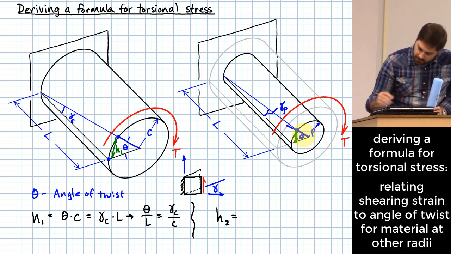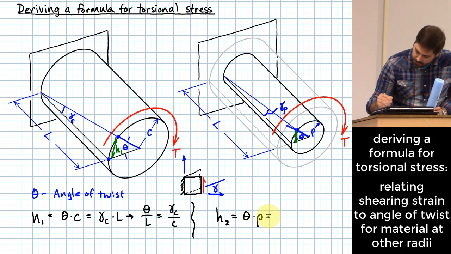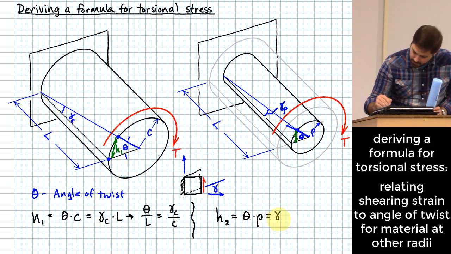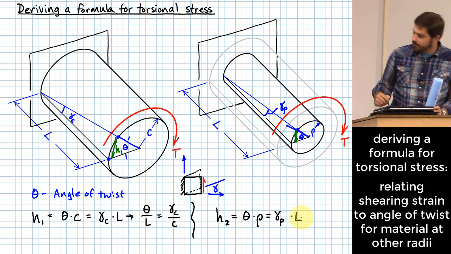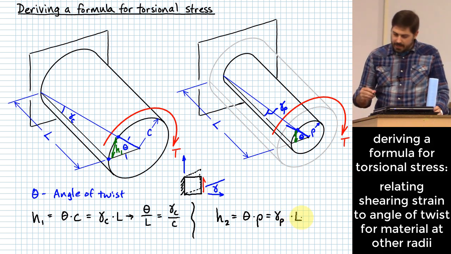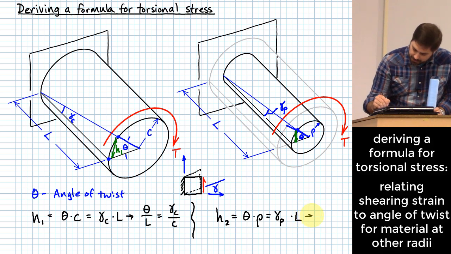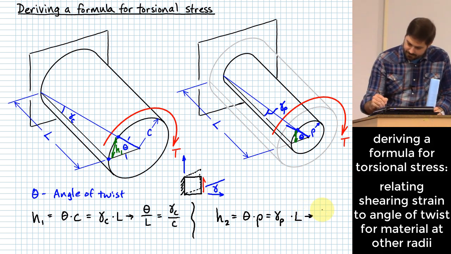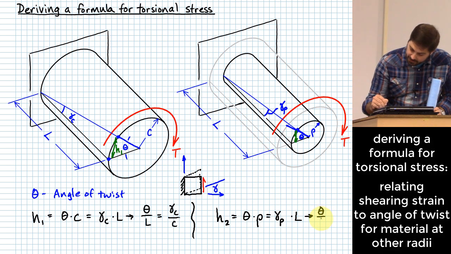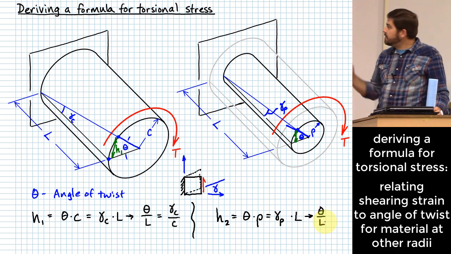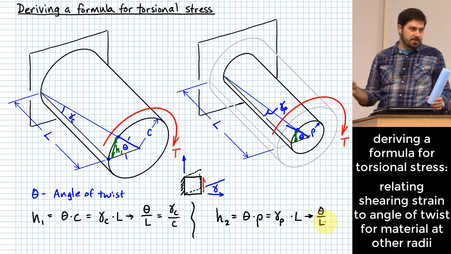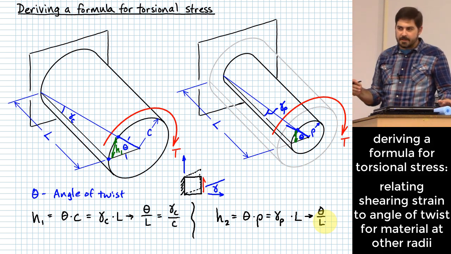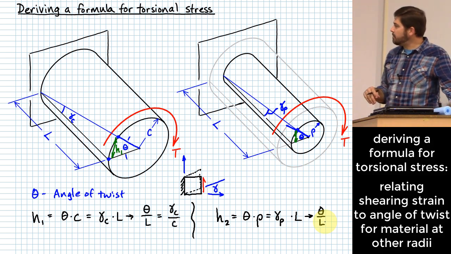So this is going to say that theta times rho is going to be equal to gamma sub rho times L. And can I solve this for theta over L? Because theta and L are not different in the second case versus the first case. Theta and L are the same as I had in my first case.